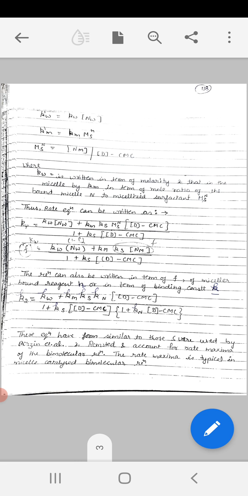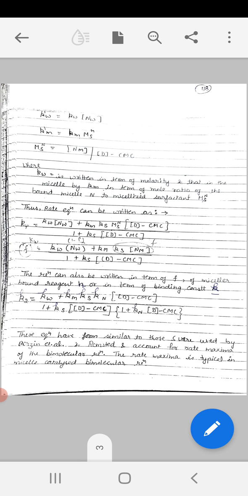The reaction can also be written in terms of the fraction of micellar bound reagent N, or in terms of binding constant Kn: K psi equals (Kw plus Km Ks Kn (D minus CMC)) upon (1 plus Ks (D minus CMC))(1 plus Kn (D minus CMC)).